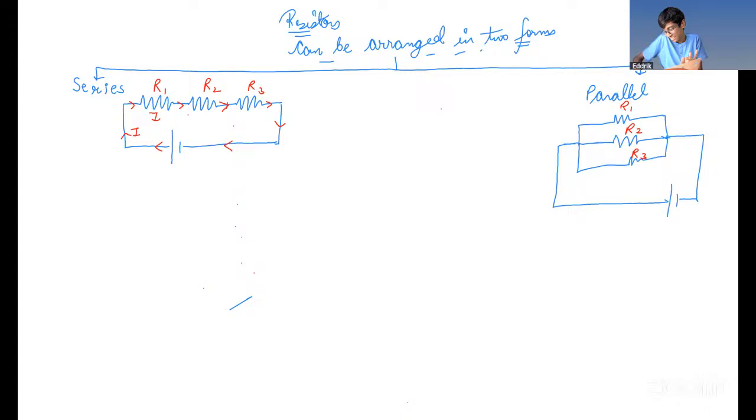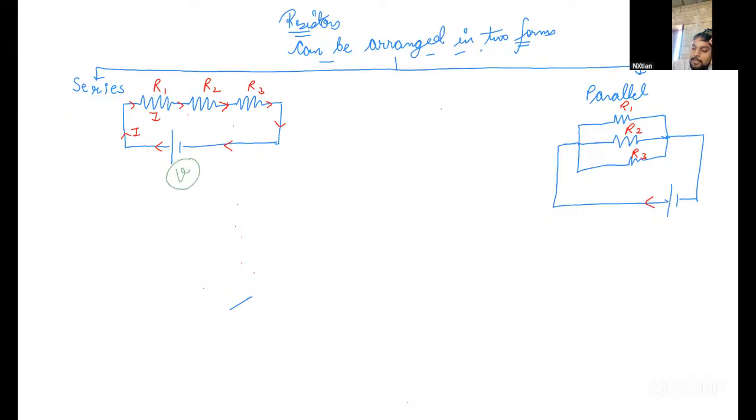Now, if I talk about parallel, this is V, the voltage created by the battery. If current I goes from this, there is a problem. What is the problem? Because there is a division in the line, the current will also divide into I1, I2, and I3. They won't be the same current. Because I told you, if resistance is more, current is less. For example, if R1 is more, then less current will go.